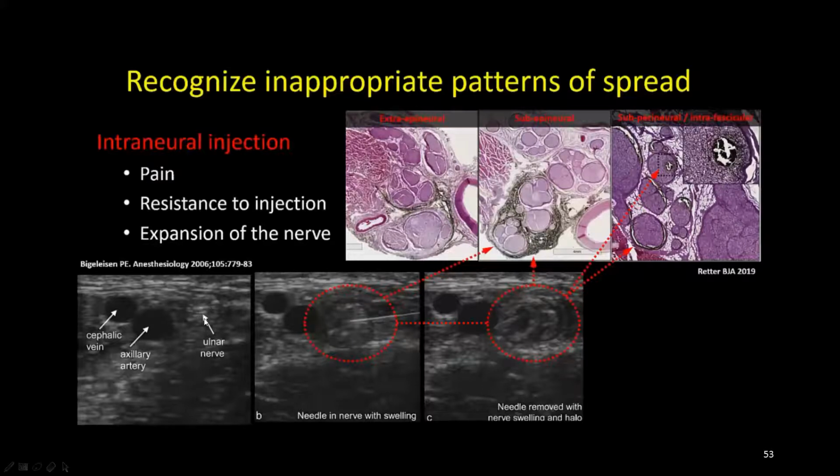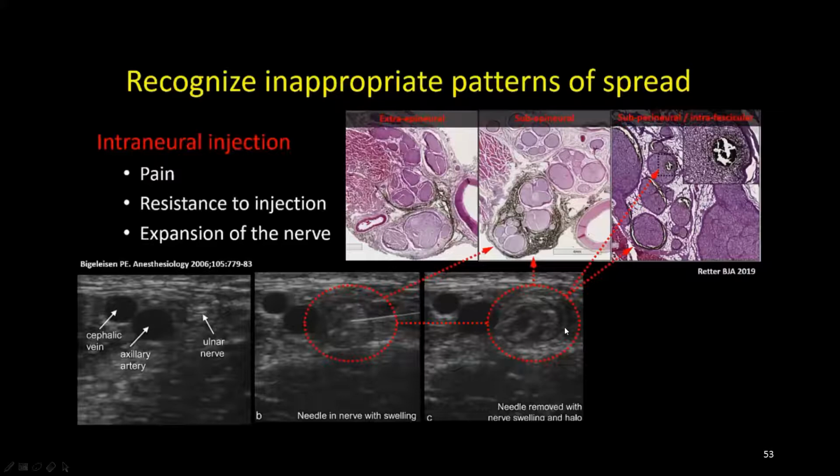So in this sonoanatomy picture, you are seeing a regular ulnar nerve before injecting the local anesthetic. But when the needle comes and hits the nerve, and then we start deposition of local anesthetic, here you can observe a swelling, which shows that the drug is becoming an intraneural injection.